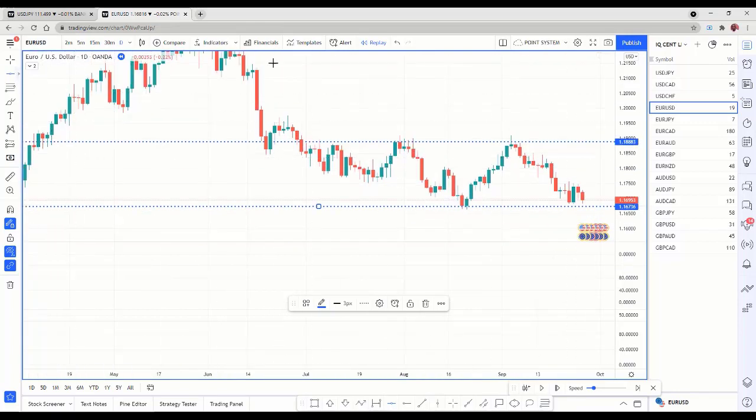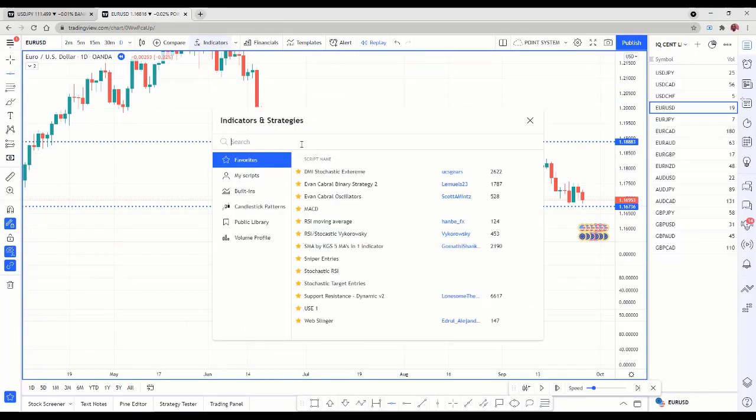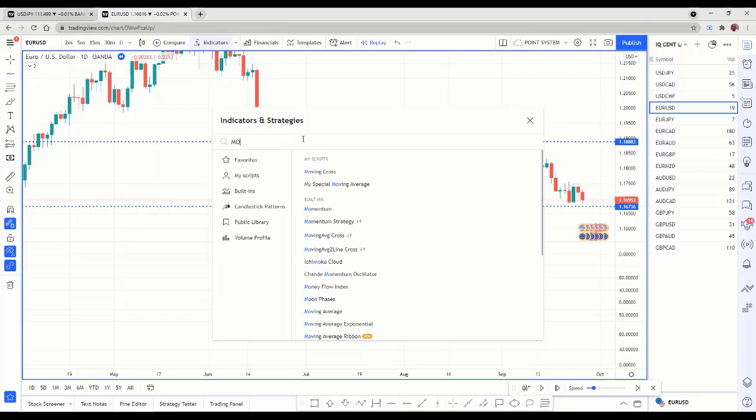Confluence, maybe you have, let's say, moving average. Okay, you have your moving average. Yes, you have your moving average.